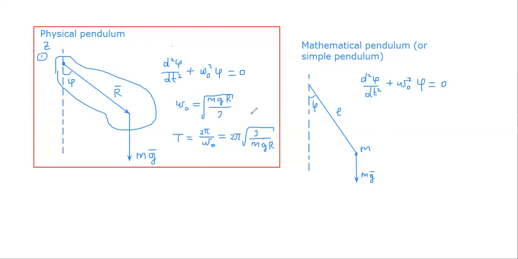But in this case, instead of r we have the length of the thread L, and the moment of inertia of just one material point is simple to obtain. It is equal to mass multiplied by its distance from the axis of rotation.